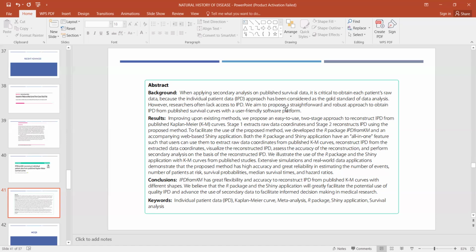We aim to propose a straightforward and robust approach to obtain the individual patient data from the published survival curve, with a user-friendly software platform. So the conclusion is that the approach has great flexibility and accuracy to reconstruct IPD from published Kaplan-Meier curves with different shapes. We believe that our package and Shiny application will greatly facilitate the potential use of quality IPD and advanced use of secondary data to facilitate informed decision making in medical research.